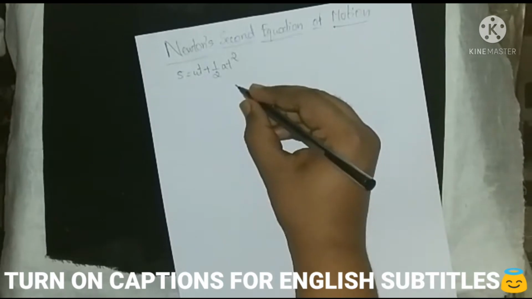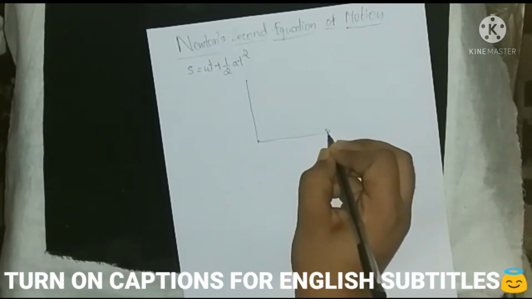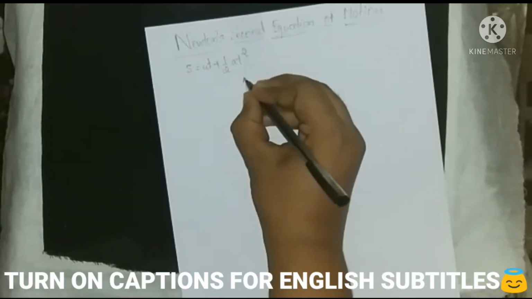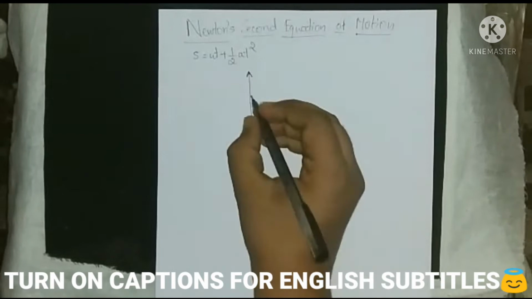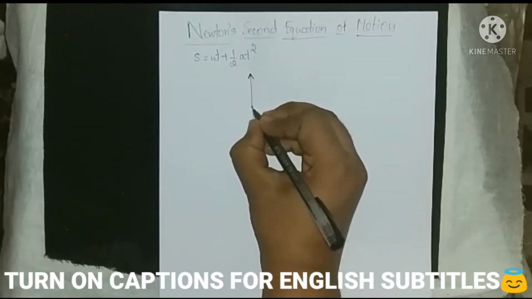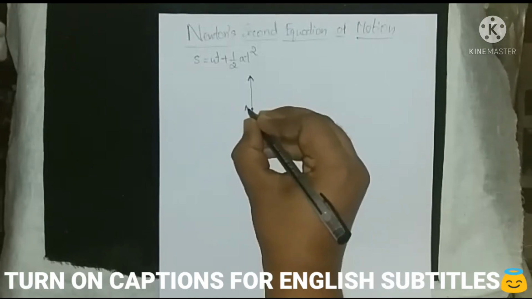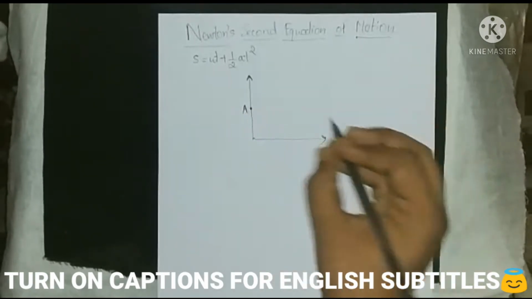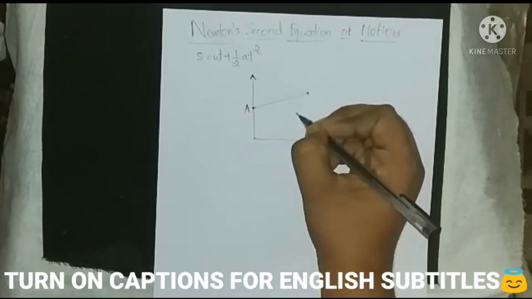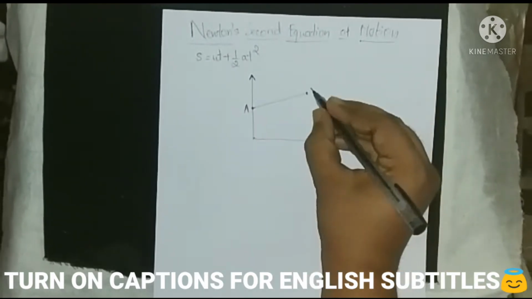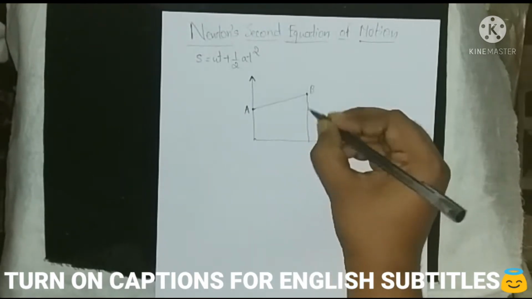Let's first draw the velocity time graph. This is just an illustration, not to scale. So there's an object at position A and it moved and achieved a velocity at the point B. Let's draw the line.